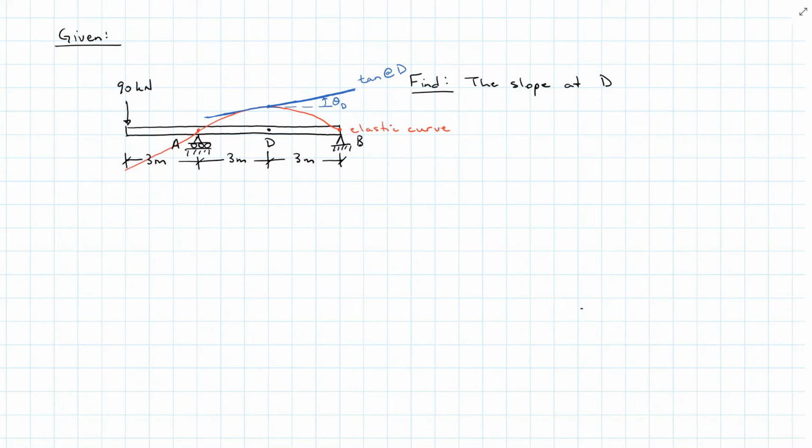There's no flat piece here. Well, there's going to be some flat piece between A and B, but we don't know where that is exactly. So I can draw a tangent line at B, and I can find the angle between these two tangent lines, in this case theta D with respect to B.